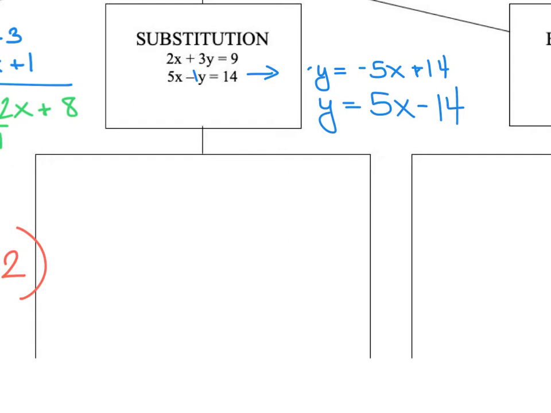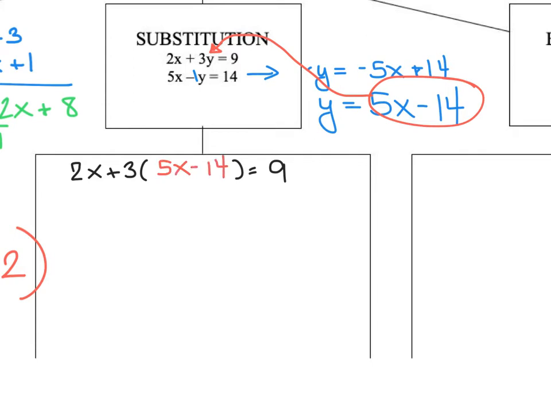You're going to take this expression, 5x minus 14, and everywhere there's a y in the other equation, you're going to plug in that expression. So in place of the y, I put 5x minus 14, and now I have an equation in just one variable that I'm going to proceed to solve.